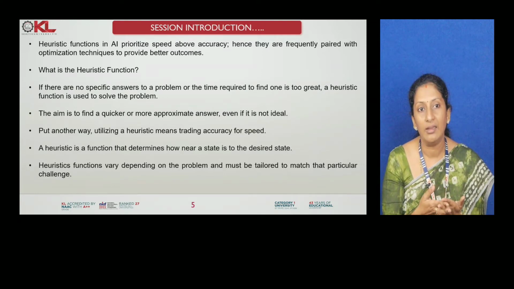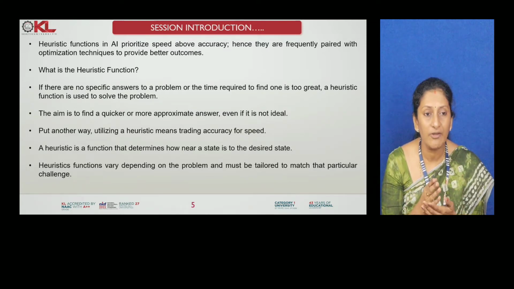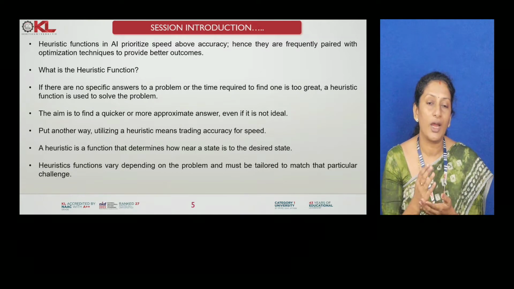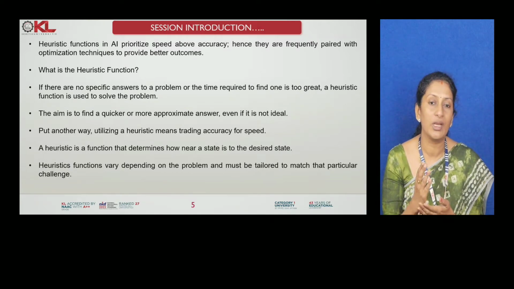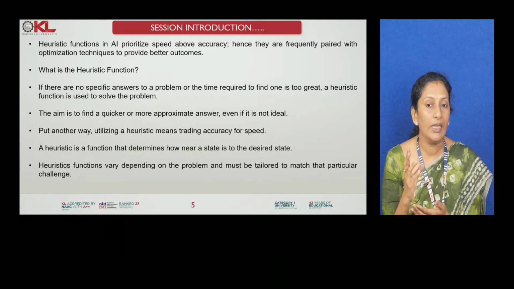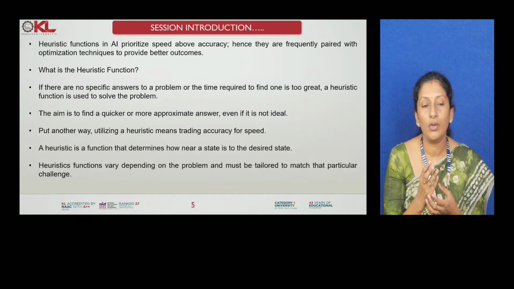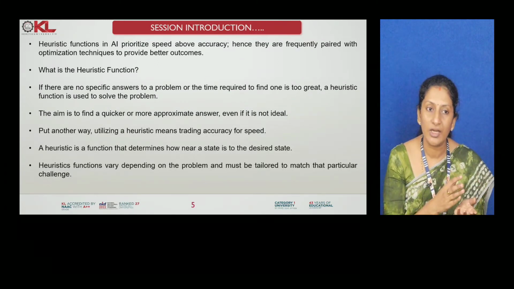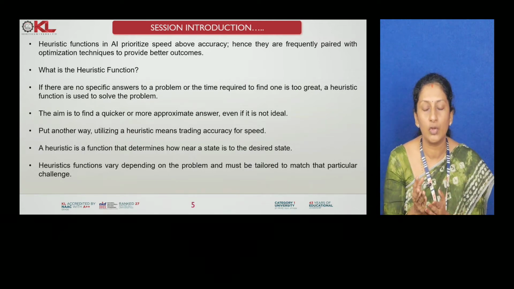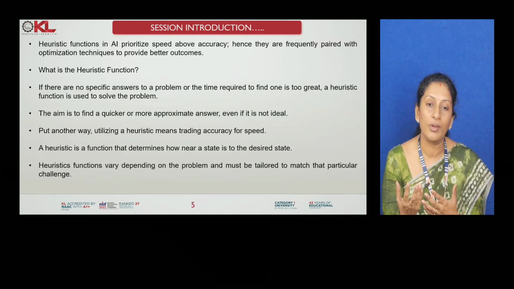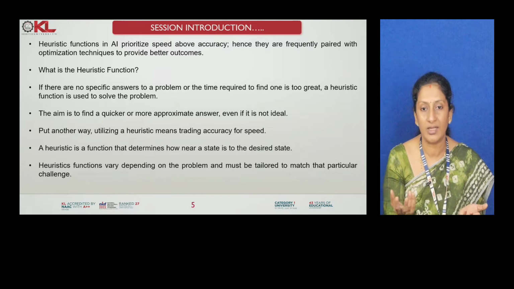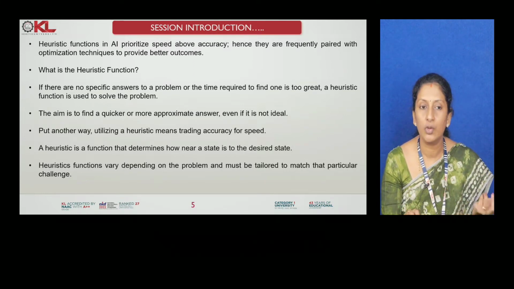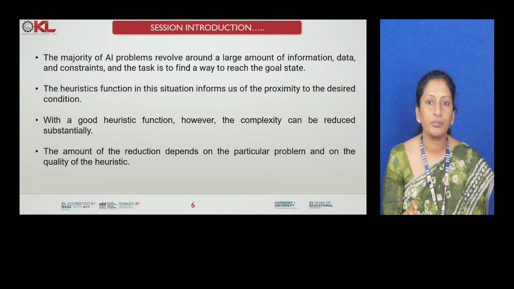As we said, heuristic functions try to find a rapid solution rather than concentrating on accuracy. If you want accurate results also, we can combine heuristic functions with an optimized solution, so that we get the optimized solution as well as in a faster manner. That is the use of the heuristic function.